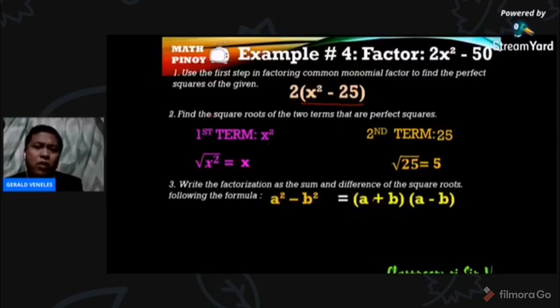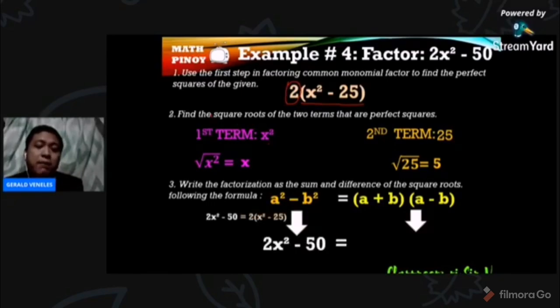Pero ang tanong, isasama ba natin yung 2 na nasa taas sa sagot? Very good, Casey. No? You need to include that. Kasi part siya ng ating solution.